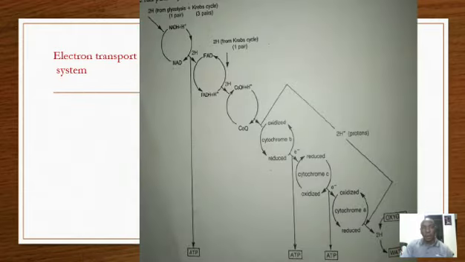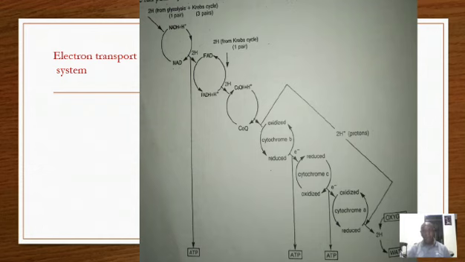We saw from glycolysis and from the Krebs cycle that we have reduced NADH2. Reduced NAD then loses its hydrogen atoms. Remember, it is NADH2. So NADH2 loses the hydrogen atoms.